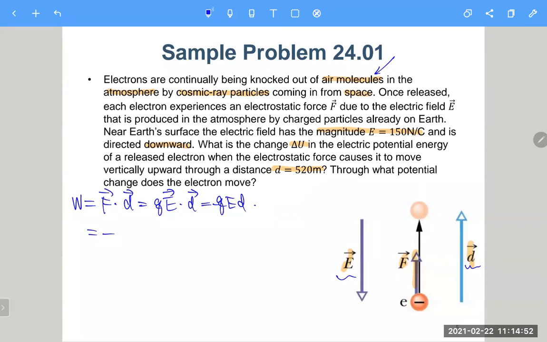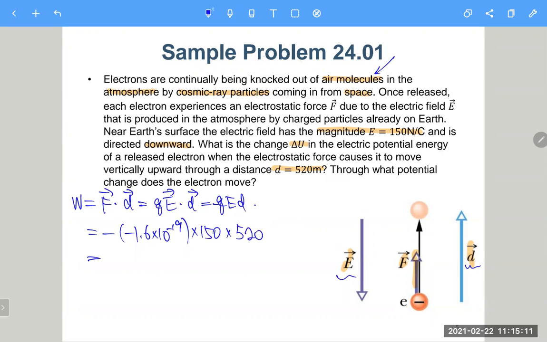q is the electron, so it is minus 1.6 times 10 to the minus 19, times 150, times d is 520 meters.